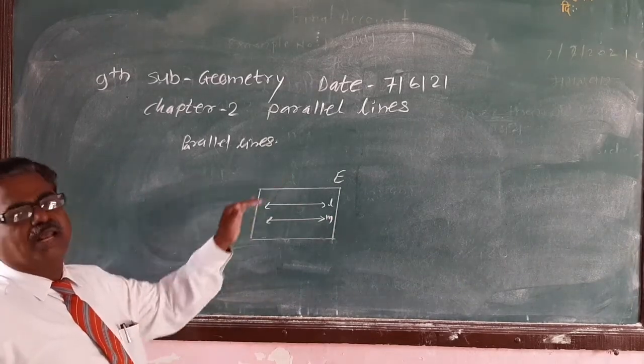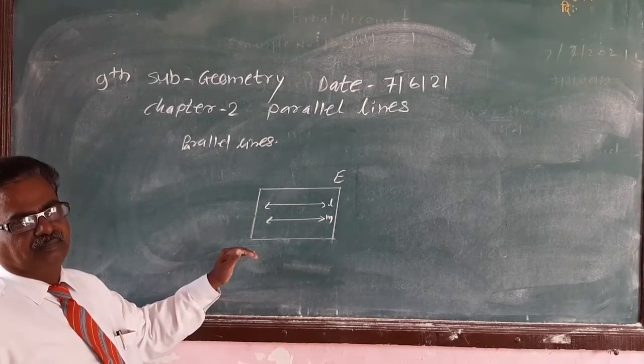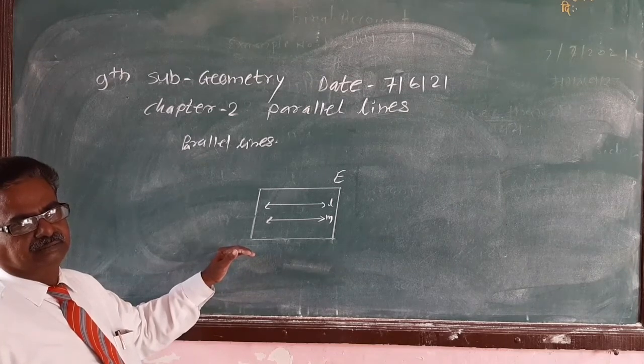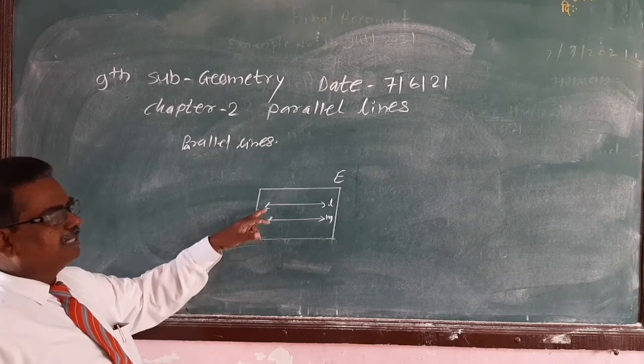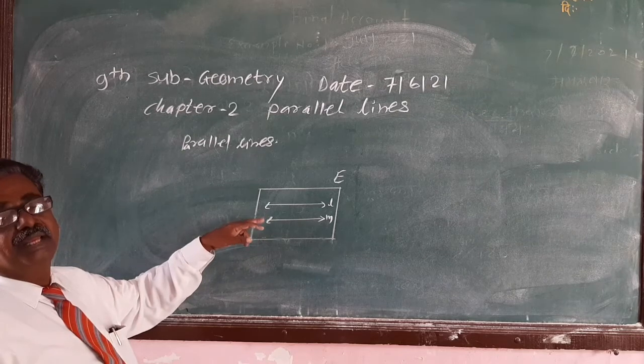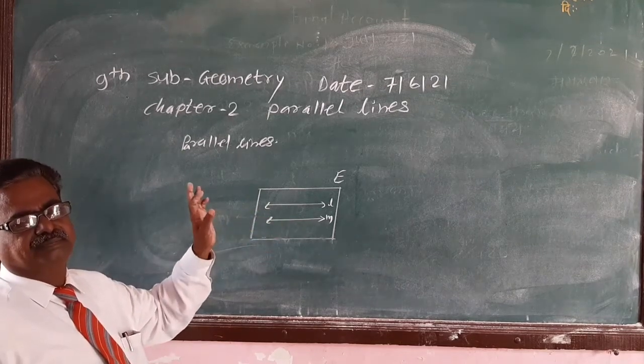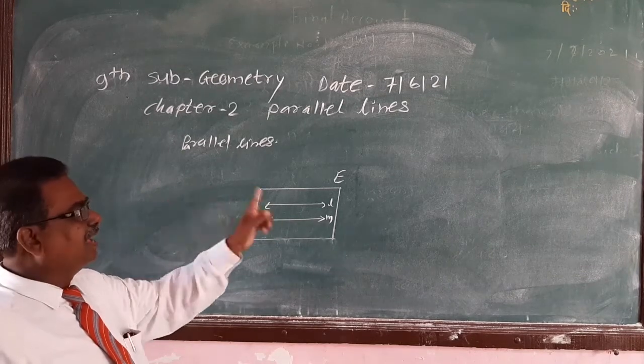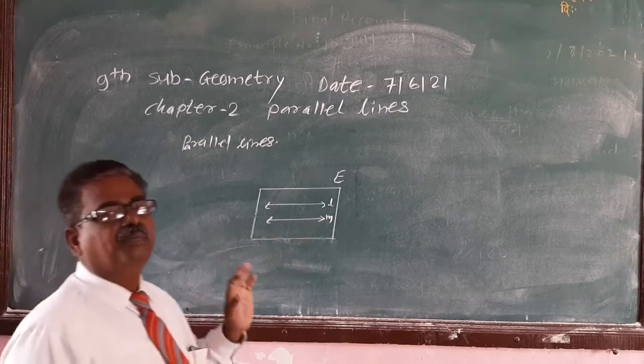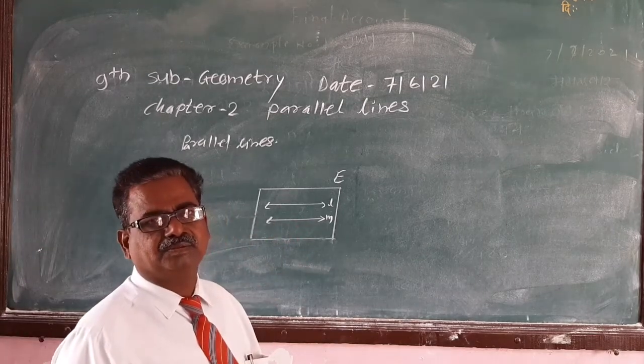If the lines are coplanar and they do not intersect each other, then the lines are called parallel lines.